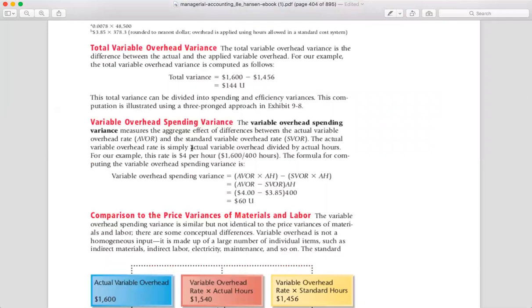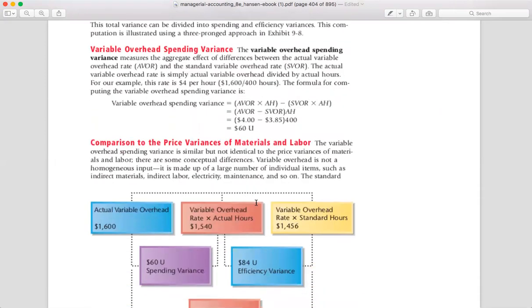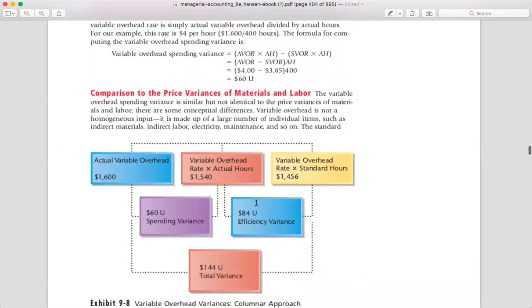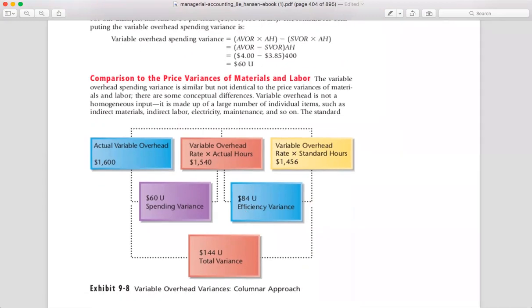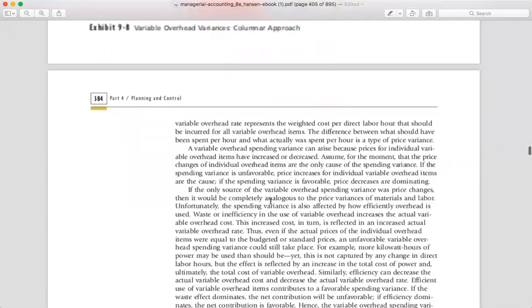The spending variance we get from the actual variable overhead rate times the actual hours. So we got this number. This is comparable to the price variance for materials and labor. We got the spending variance here, which is the difference between the actual one and the standard one.